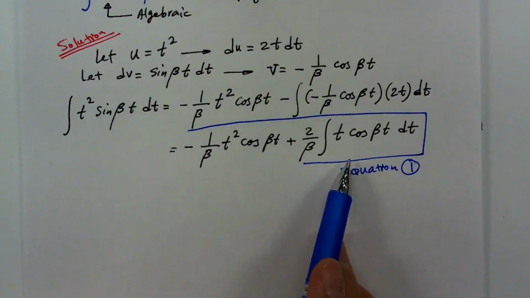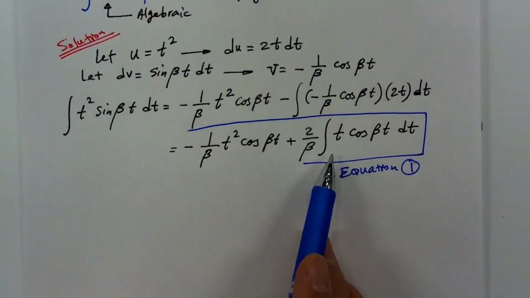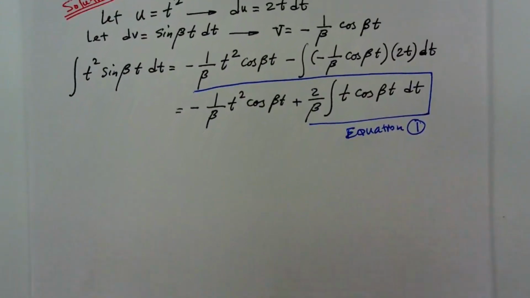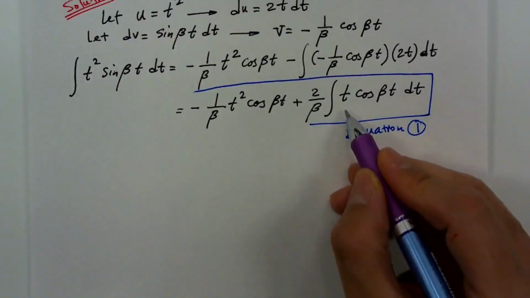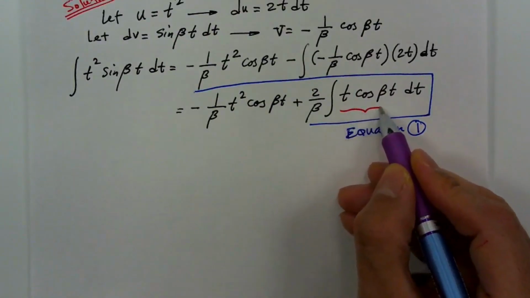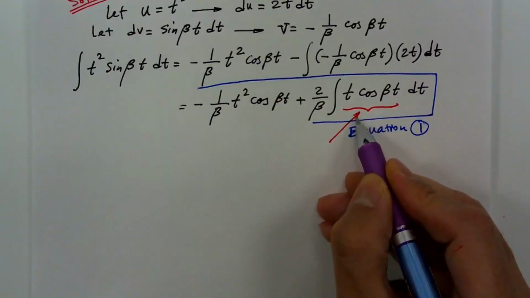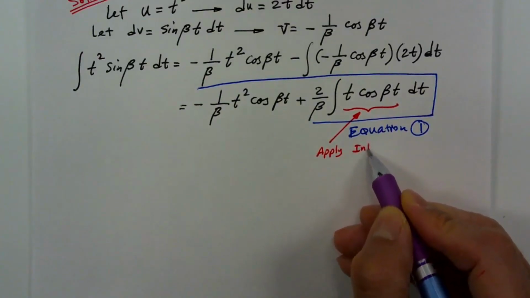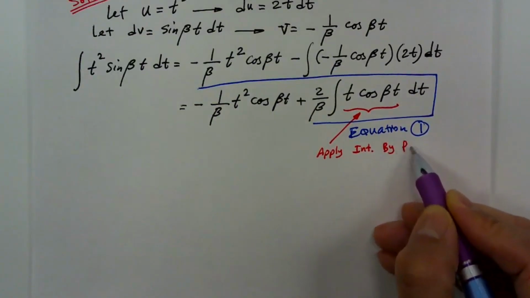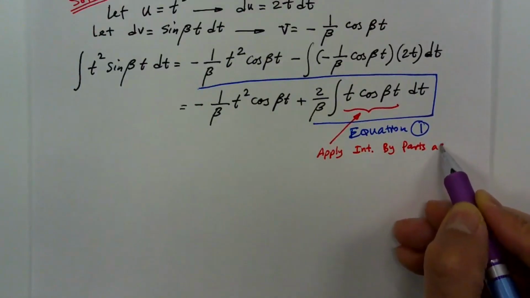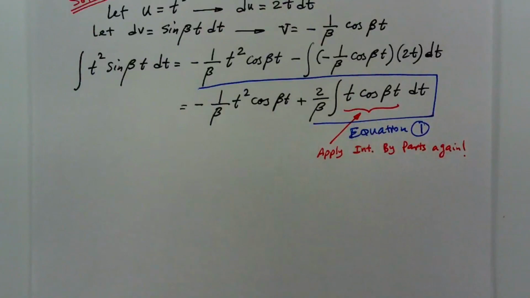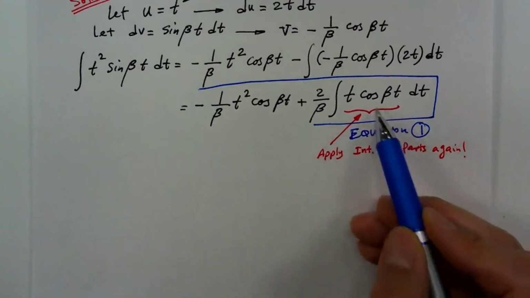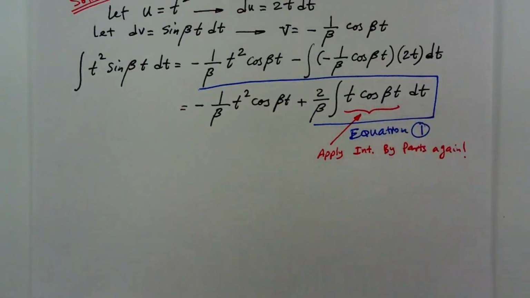Okay. Now we're going to have to apply integration by parts a second time to this piece again. So that's easy now, because we know we're going to take u to be equal to t, and cosine beta t dt will be our dv, right?